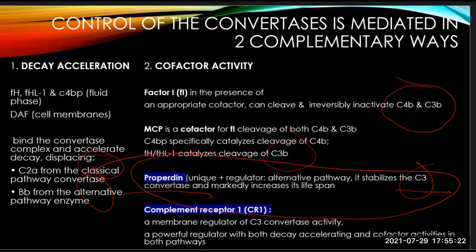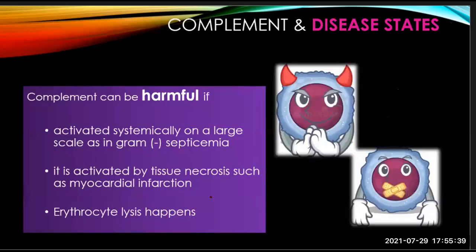It increases its lifespan. We also have CR1, the complement receptor 1. It is a membrane regulator of C3 convertase activity and a powerful regulator with both decay accelerating and cofactor activities in both pathways. So now we are on the part on disease states and complement.